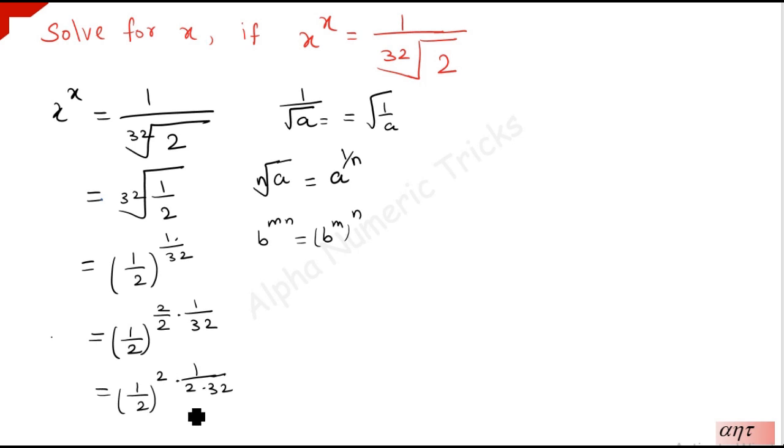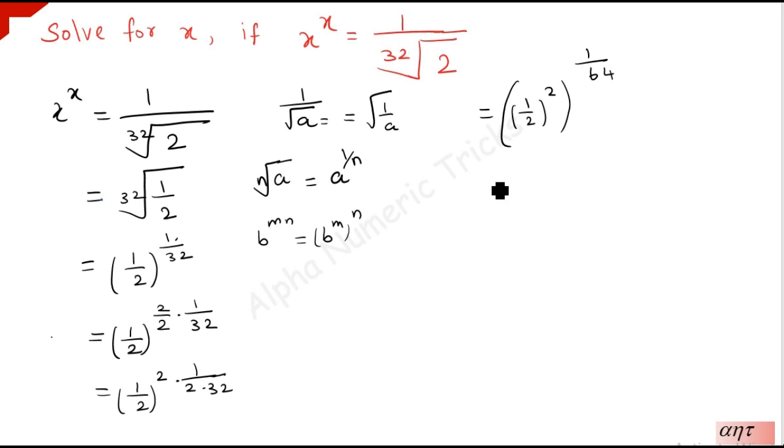This is (1 by 2 whole to the power 2) whole to the power 1 over 2 times 32, which is 64, applying this formula.